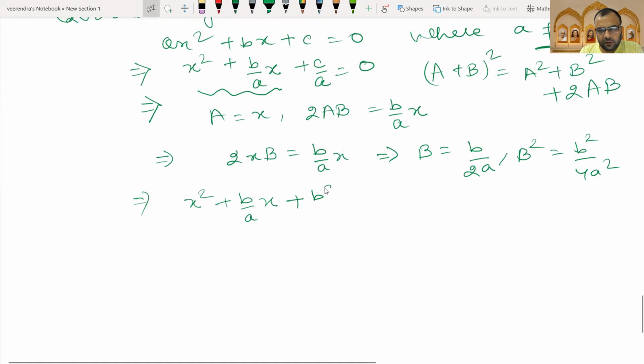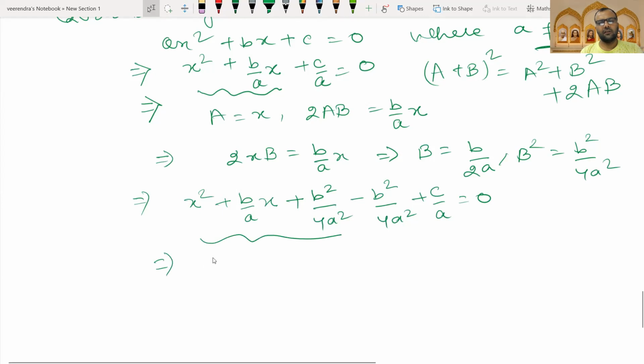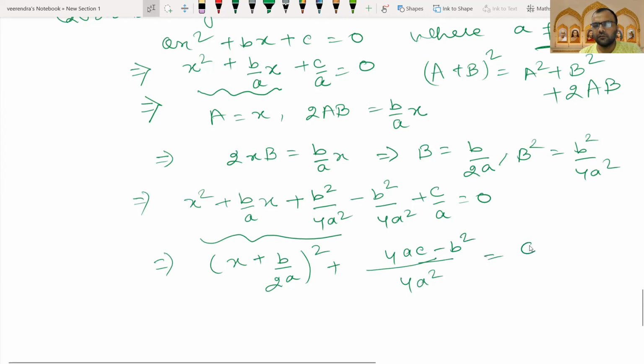So we will add this value here, b²/4a², and subtract the same value, plus c/a equals 0. So these three terms are the whole square of (x + b/2a). And here, if we take LCM 4a², it will come as (4ac − b²)/4a² equals 0.